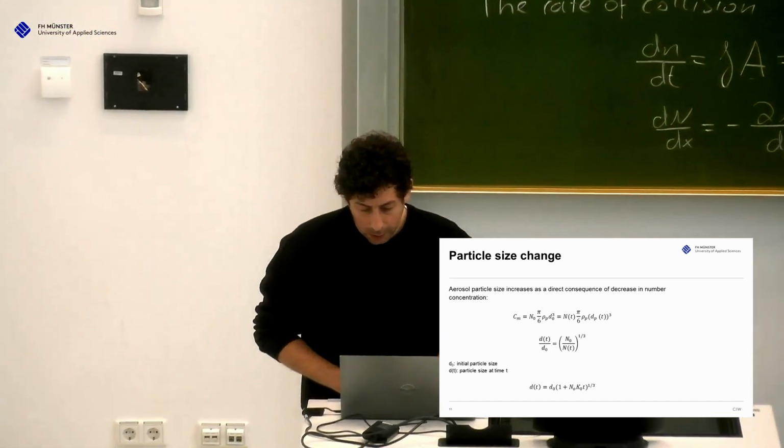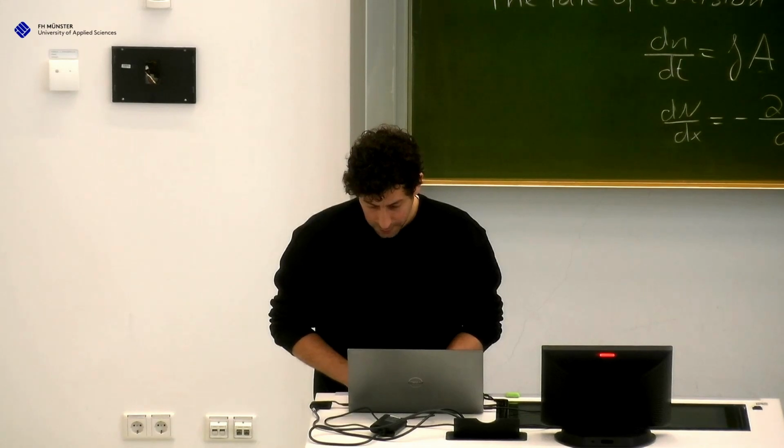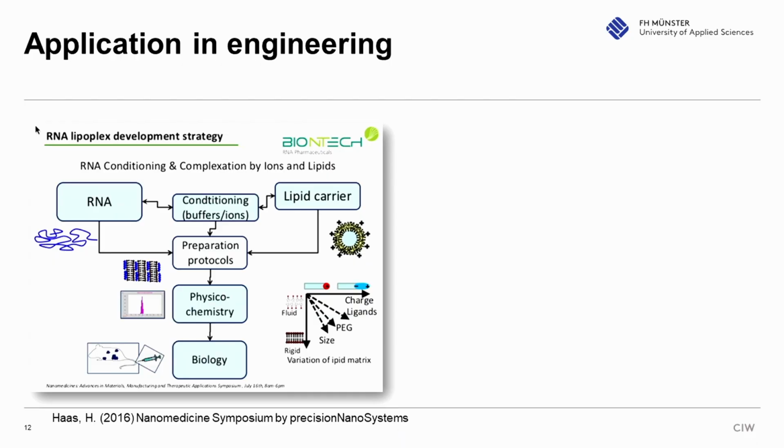And now I would like to show you some applications, and then we are done for today. Very nice application. This is BioNTech. I took it from YouTube, and I really like it because it's from 2016. They made this nice talk about their technology, and they want to get some investors.